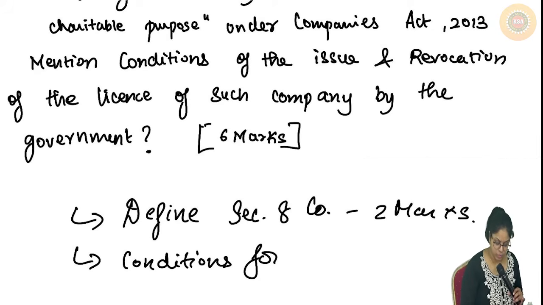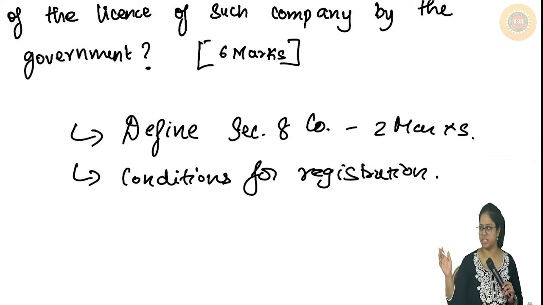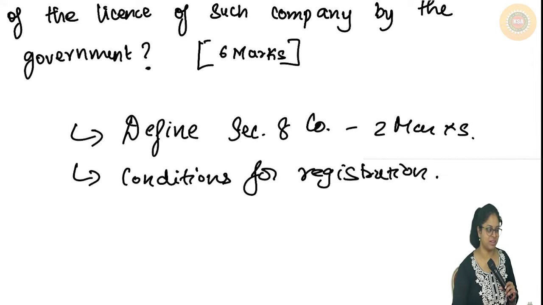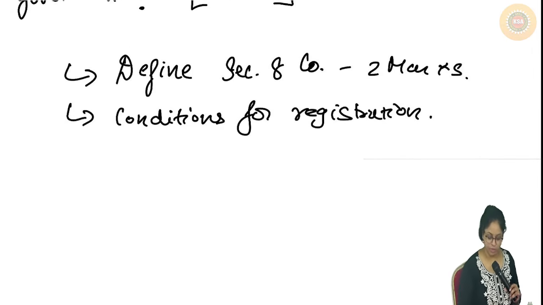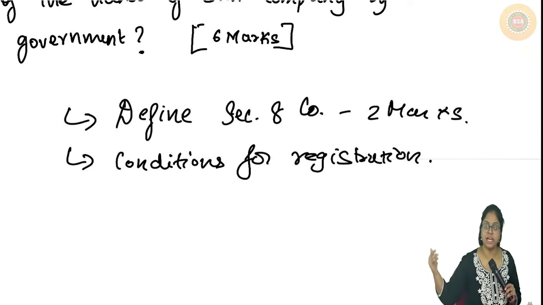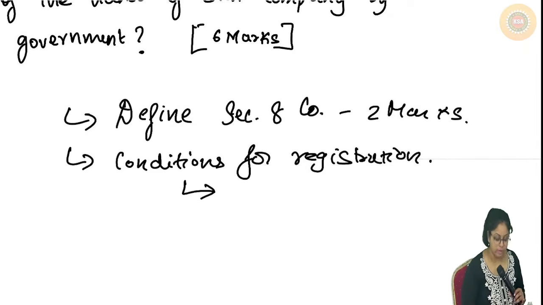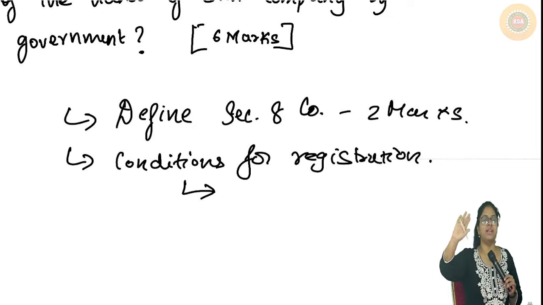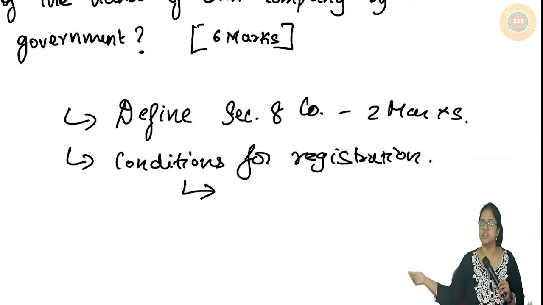condition for registration, okay. What is the condition for registration? Perfect. When you say conditions, what are the other 2 points you will write? If I was the examiner, first I will see whether you are able to write the definition. Most of the students will be able to write it.